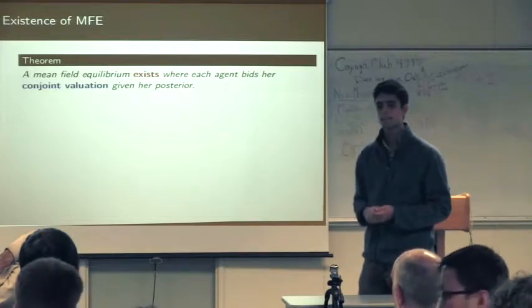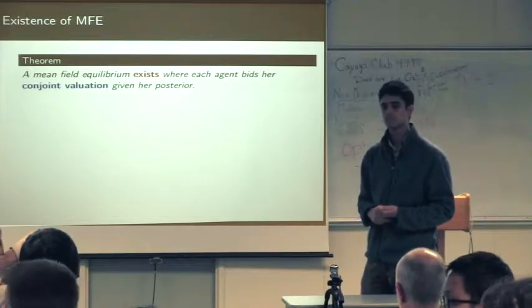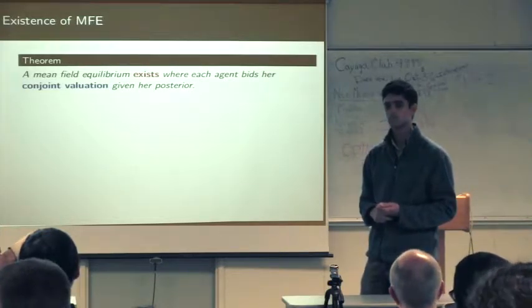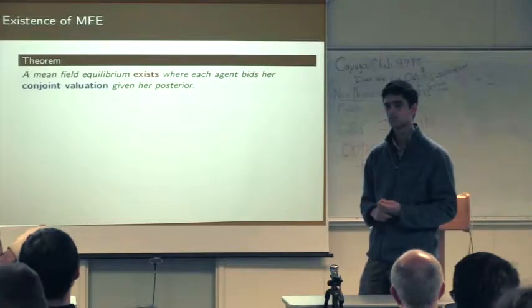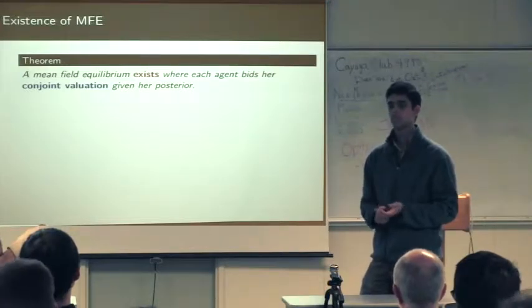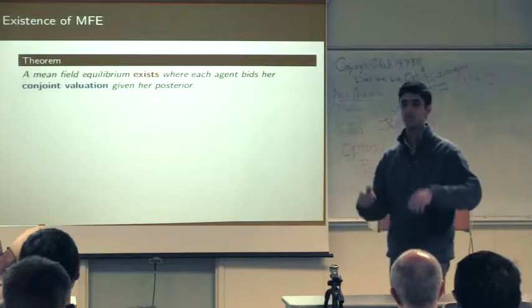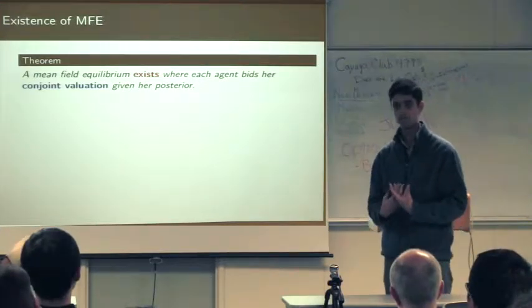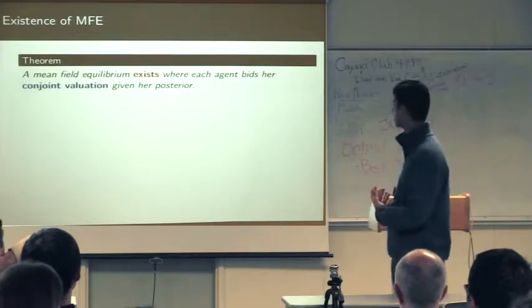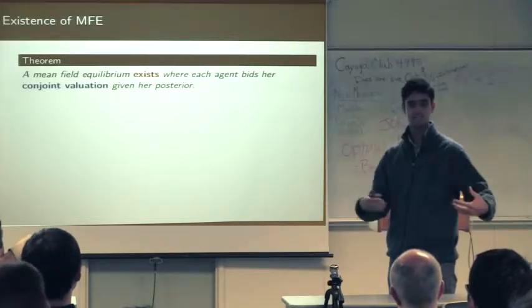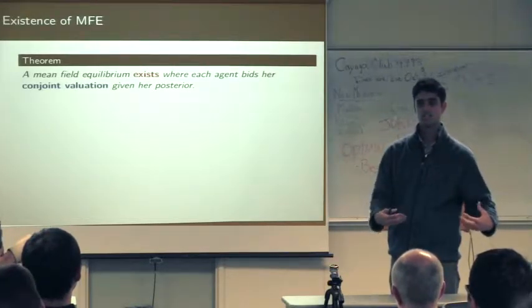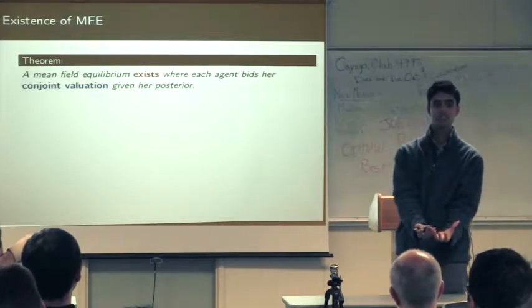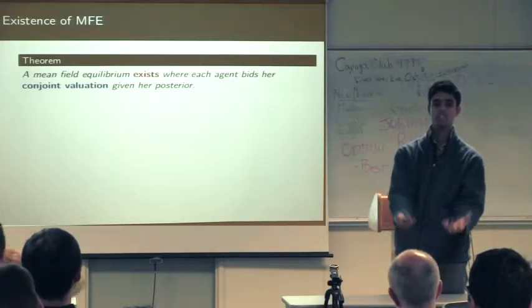Yes. So for that, you're going to have to put together this conjoint valuation with some sort of distribution on the m's and n's and aggregate it all and get back your valuation on G. So you assume that when they come to the market, they have some initial M and N, and as they play this strategy where they bid their conjoint valuation, that induces some bid distribution in the market, and this should be consistent.